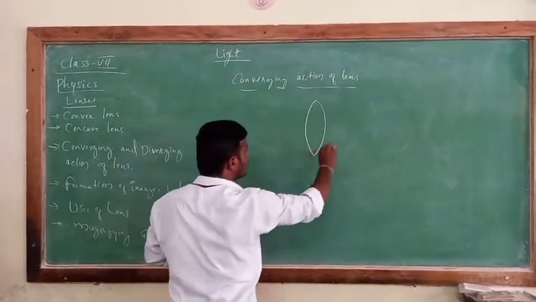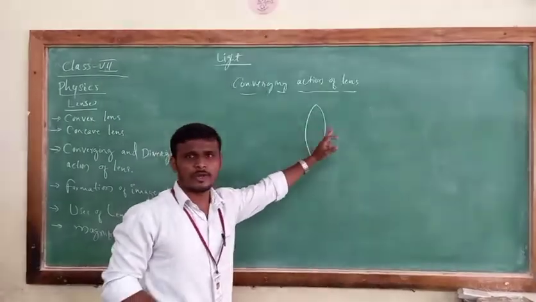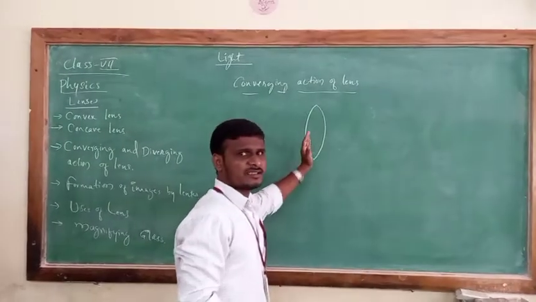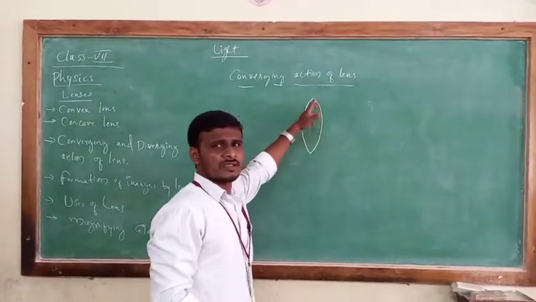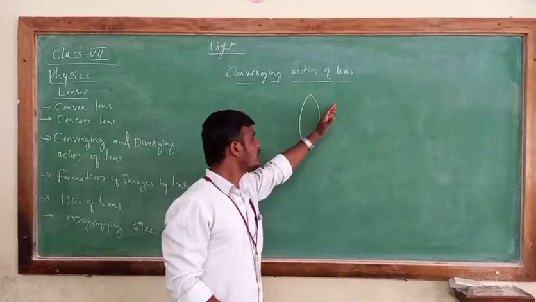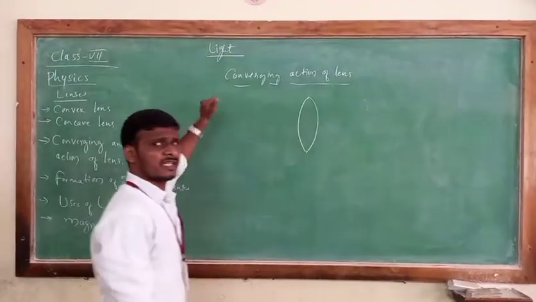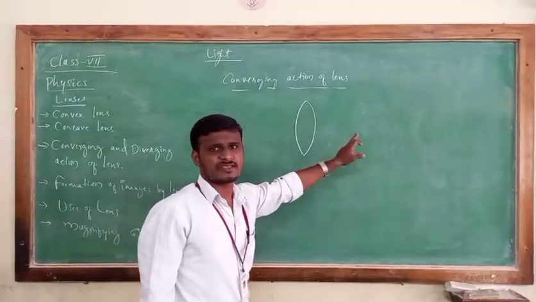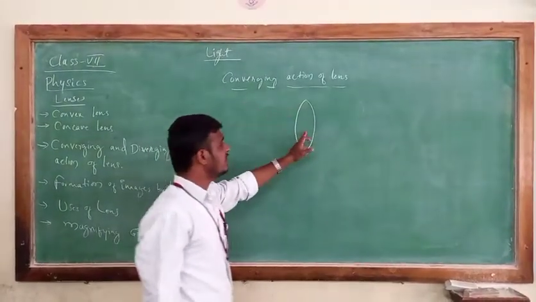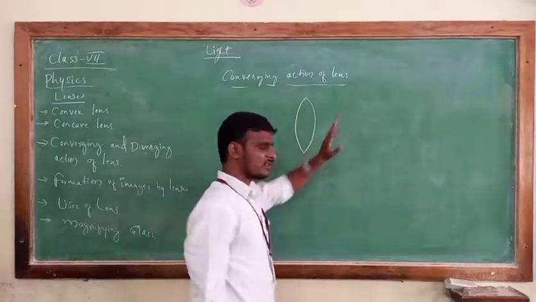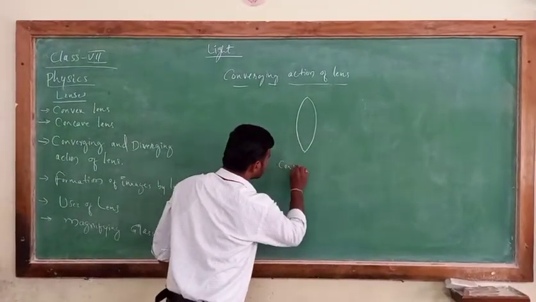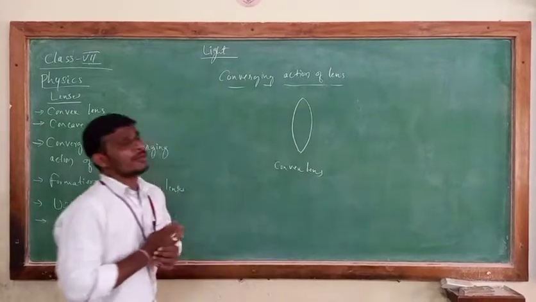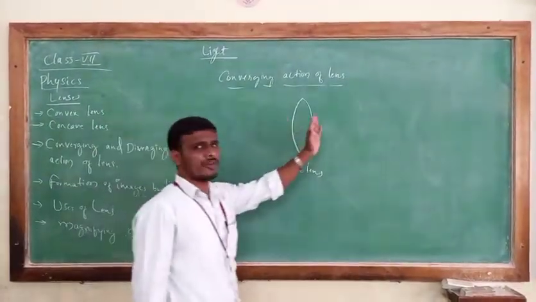So this is a convex lens, bound by two curved surfaces. This is one spherical or curved surface, and a lens is bound by two curved surfaces. This is the diagram for the converging lens, or convex lens.